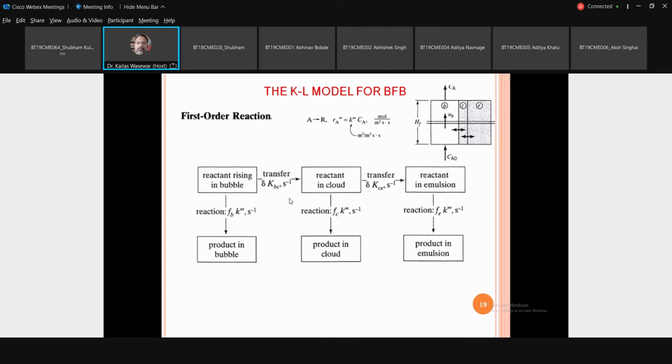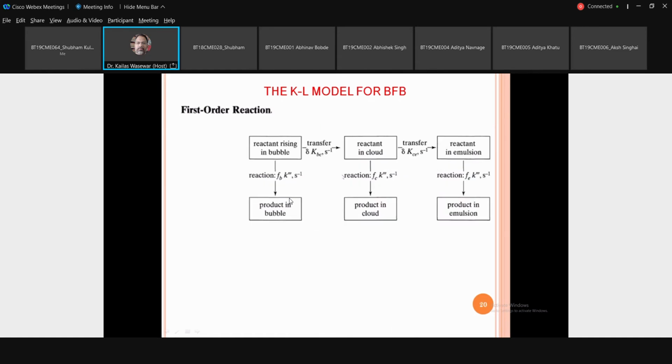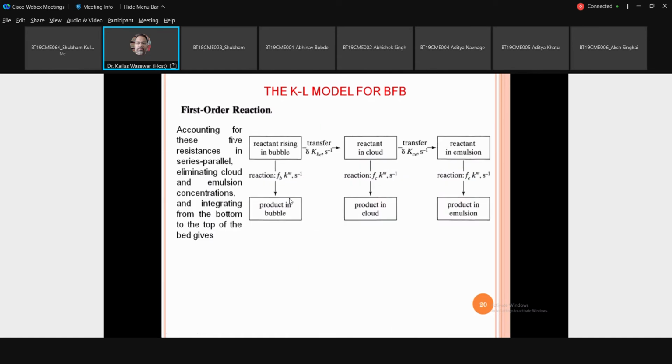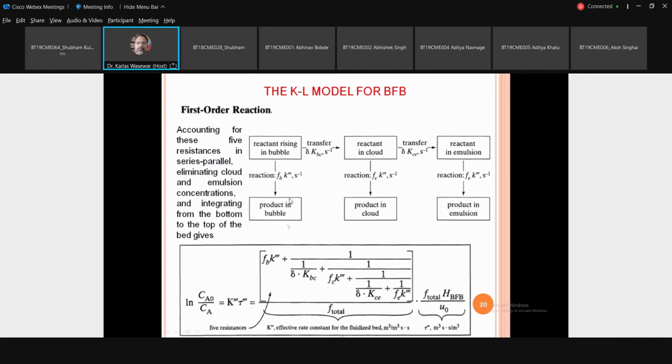This includes all the resistances, 1, 2, 3, 4, 5, in the series-parallel combination. So accounting for these five resistances in series-parallel, eliminating the cloud and emulsion concentrations, because the cloud and emulsion concentrations are not known, and integrating from the bottom to the top of the bed, if you write it this way, we can get the final expression just like our first order reaction, K tau.